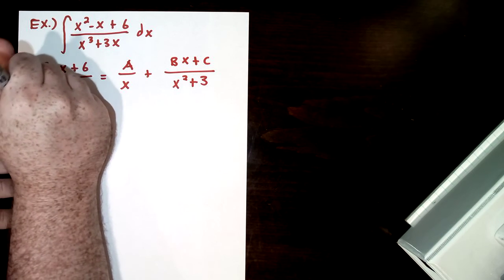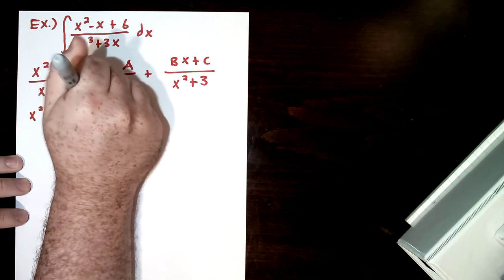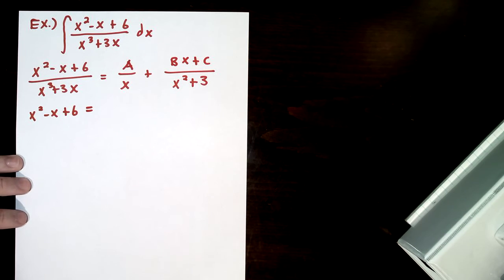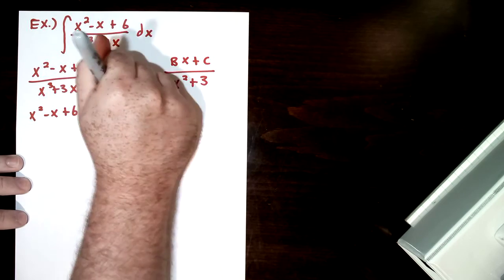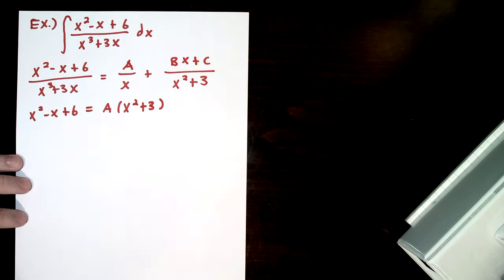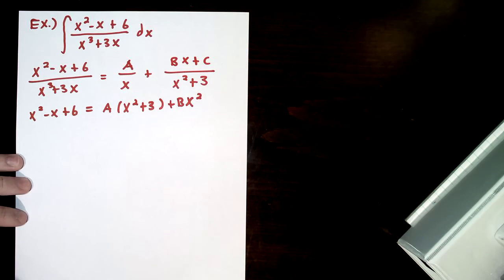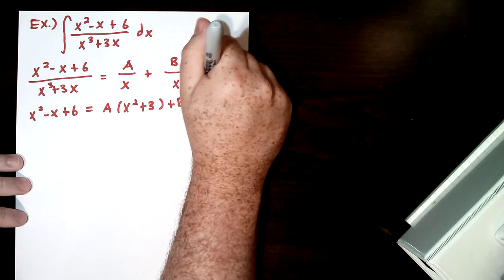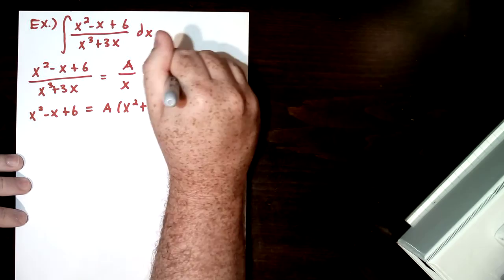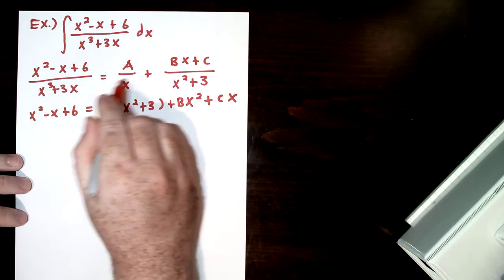So x squared minus x plus 6 is equal to a times x squared plus 3, plus the bx plus c term times x, which after expanding comes out to bx squared plus cx, because the bx plus c term is just missing the x from over here.